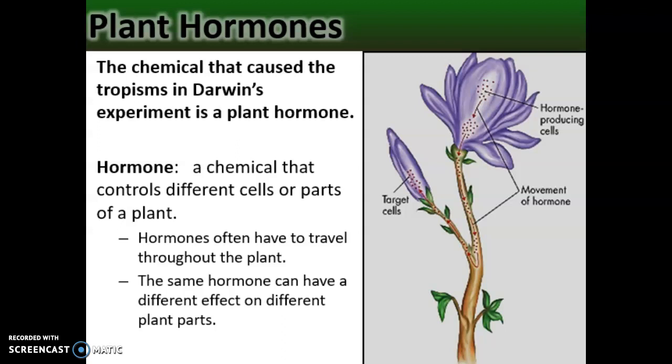When you alter testosterone, it affects different parts of you. So testosterone will make your voice deeper, it'll make your muscles and your hair grow. It has all these different effects on different parts of your body. And when we look at each plant hormone, they have multiple effects throughout different parts of the plant.